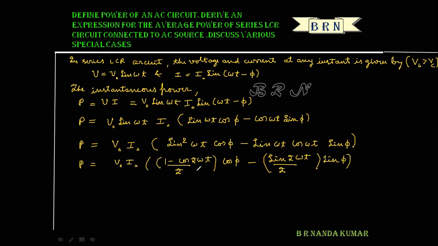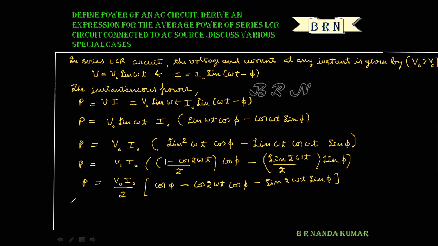So here 1 by 2 is taken outside. So P is equal to V naught I naught by 2 of cos phi minus cos 2 omega t cos phi minus sine 2 omega t sine phi.